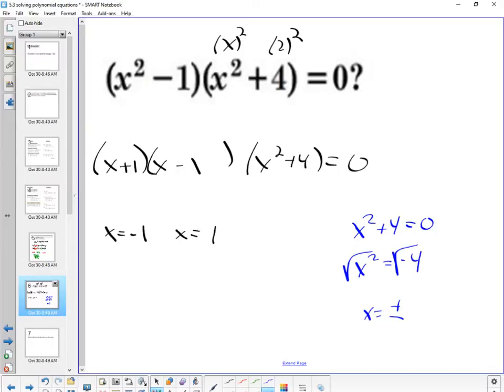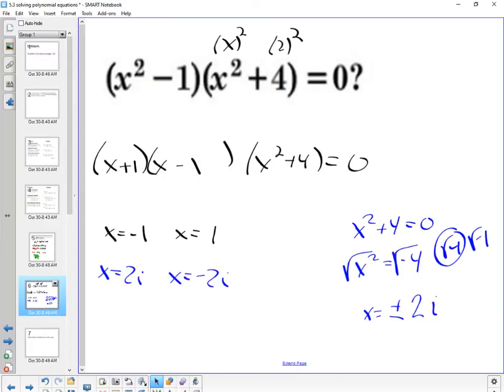Now, what's the square root of 4? 2, but that leaves the square root of 4 times the square root of -1, right? This is the 2, so I need to make sure I put it in. What is this? Letter i. So there's my other two zeros. My other two zeros are 2i and -2i. So there's all 4 of the zeros, whether you want them or not, math lab.